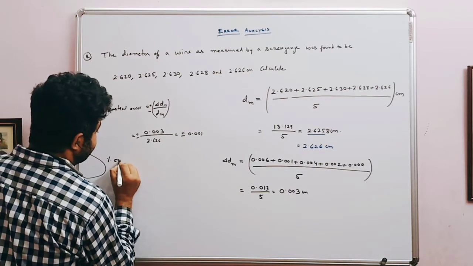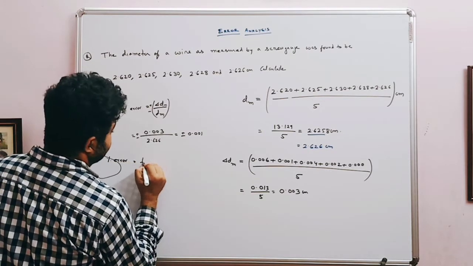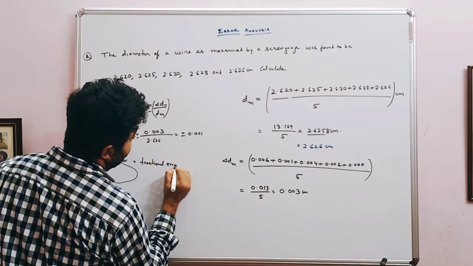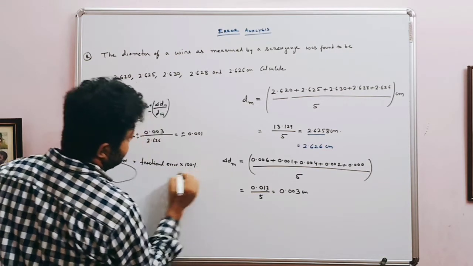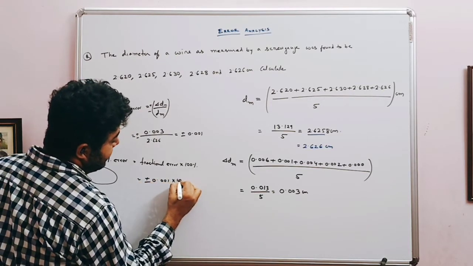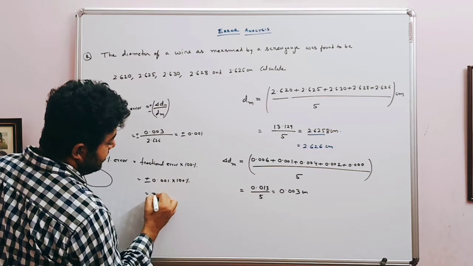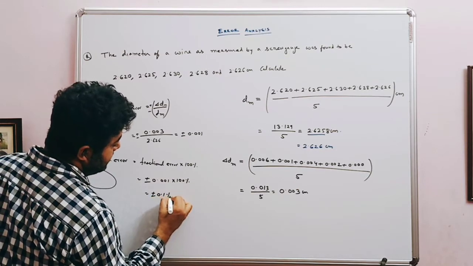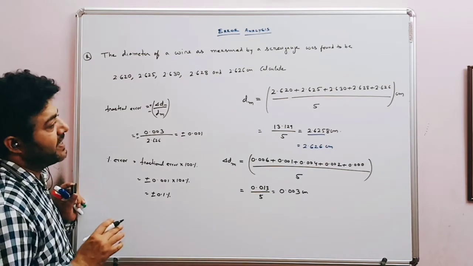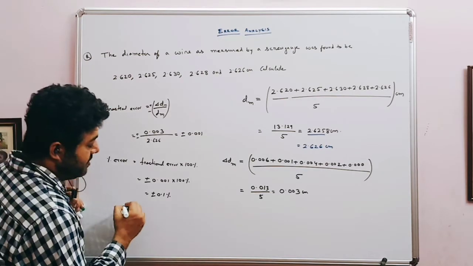Percentage error, that is fractional error into 100 percentage. So what you have, plus minus 0.001 into 100 percentage, that is plus minus 0.1 percentage. Now the last one is to express the result in terms of the percentage error.